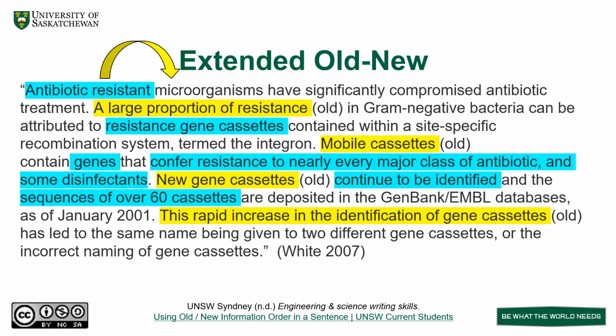This rapid increase in the identification of gene cassettes has led to the same name being given to two different gene cassettes, or the incorrect naming of gene cassettes. So it might be that we don't have the specialized knowledge to really understand the content of a piece of writing like that, but that's fine, because that's not our focus.